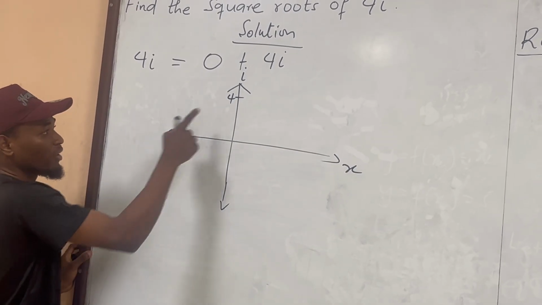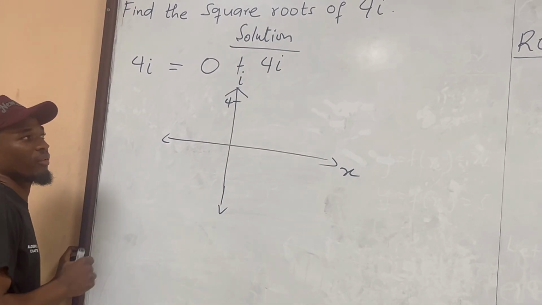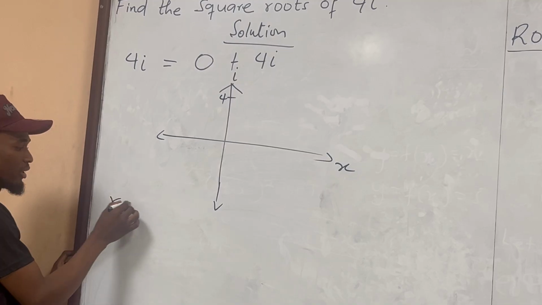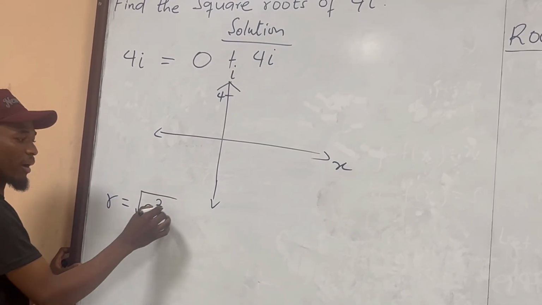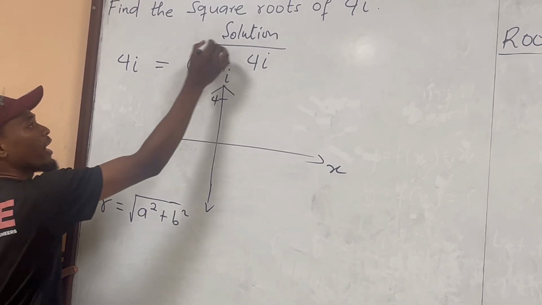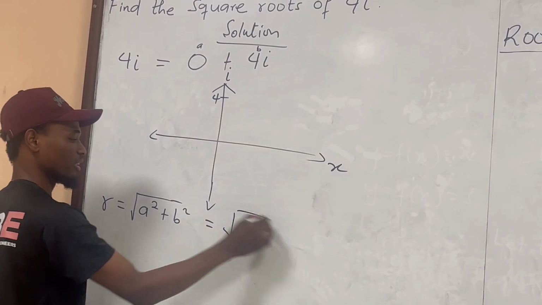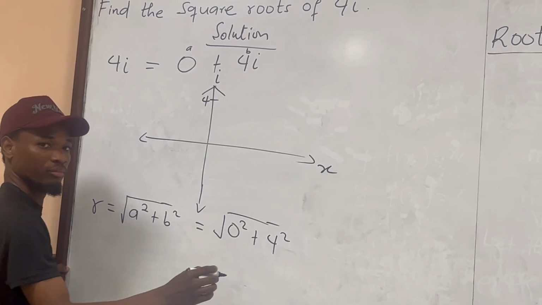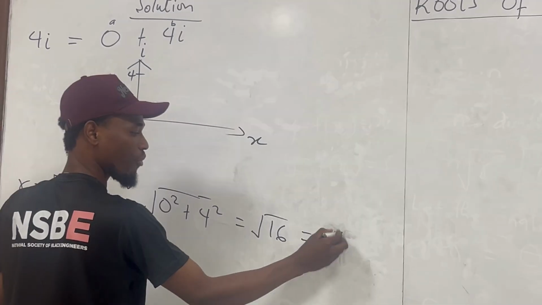Now, this 4 is my r. Because remember, we said to find r, you square the real part, then square the imaginary part. So this is my a, and this is my b. Therefore, I have 0 squared plus 4 squared, so I have the square root of 16, which is 4.